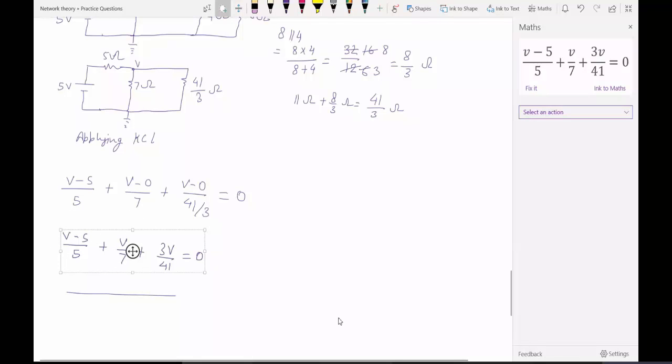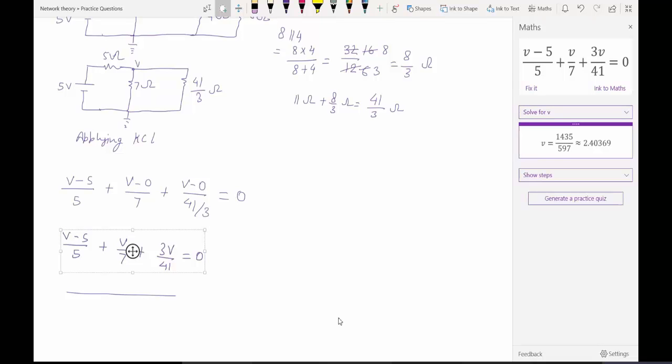Let us see. So V minus 5 upon 5 plus V upon 7 plus 3V upon 41. So solve for V. So V value is 2.4. Okay, I am solving it directly. You can solve it on your own. Okay. So what it is? It is the value of V is equals to 2.4 volts.